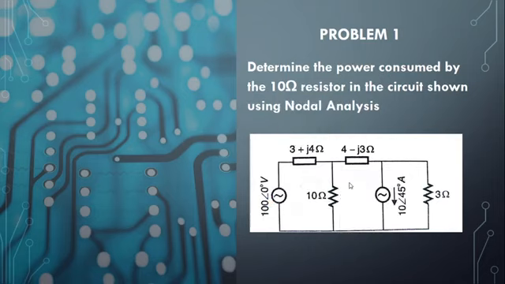So we will assume this to be the positive terminal and this to be the negative terminal, and we will assume that current flows through the circuit in this way. In that case, from negative to positive means we will write the current value to be positive. But if you see this current source, it is in the opposite direction of your original source that is present here. So this will be the reverse one, which is minus of 10 angle 45.